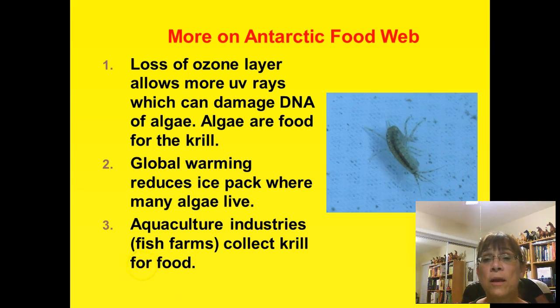This is the little krill right here. Things that are causing problems in this Antarctic food web, things that are affecting the number of krill there: loss of the ozone layer. Many of you talked about pollution causing the loss of the ozone layer.